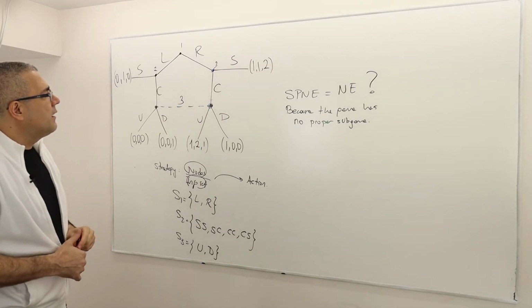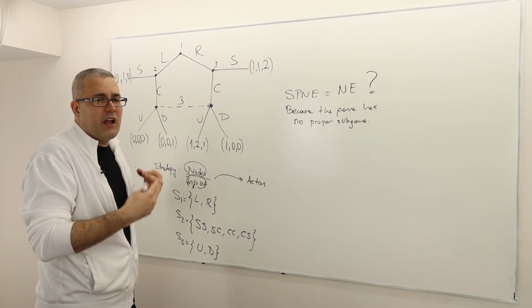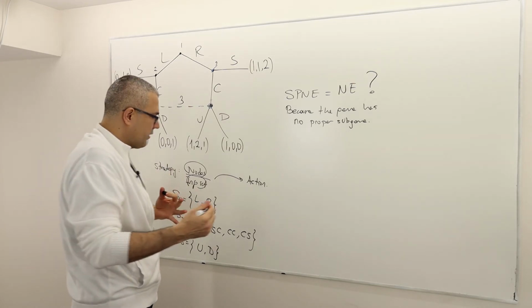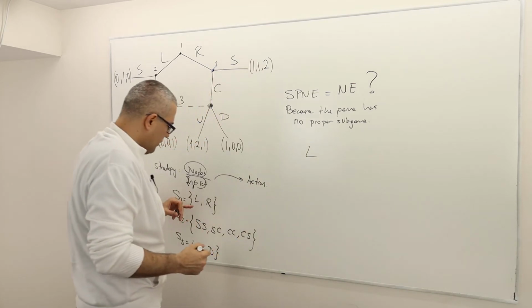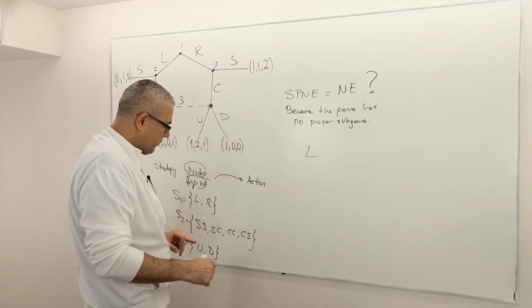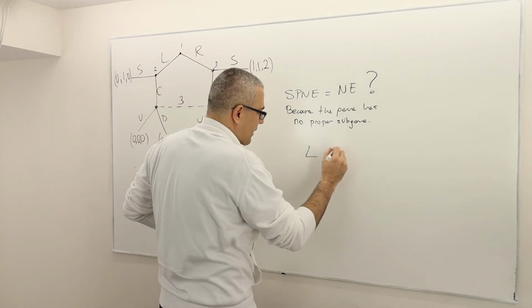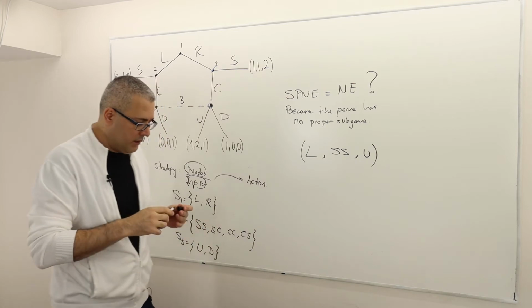So let's check. I'm going to generate a random strategy profile. It's just random, coming out of nowhere. In fact, I'm going to pick the first strategy for each player. So L, SS, U. So this is a strategy profile. Why?